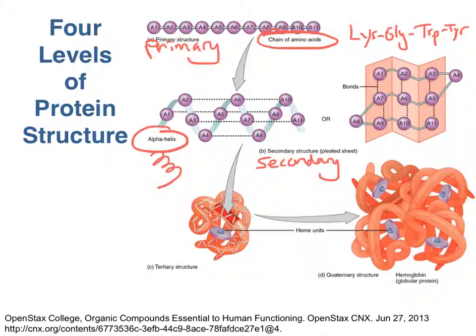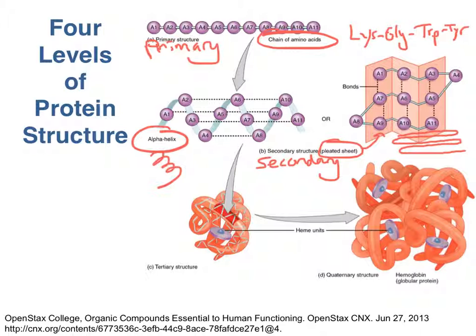So sometimes that chain of amino acids can spiral around itself. Or you can have what's called the pleated sheet, or sometimes the beta pleated sheet, and that's where that structure just folds back on itself. You can also have regions of a protein with not a well-defined secondary structure, where it's just a little bit free-form.